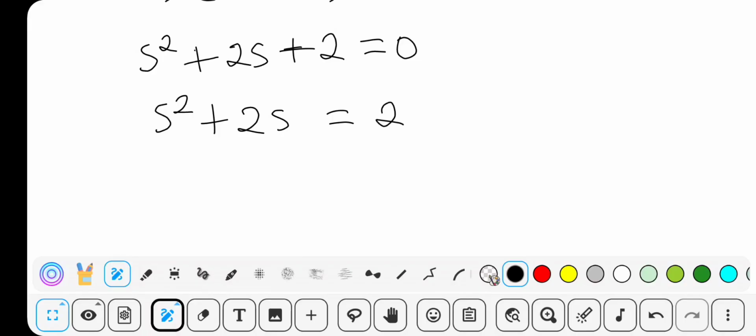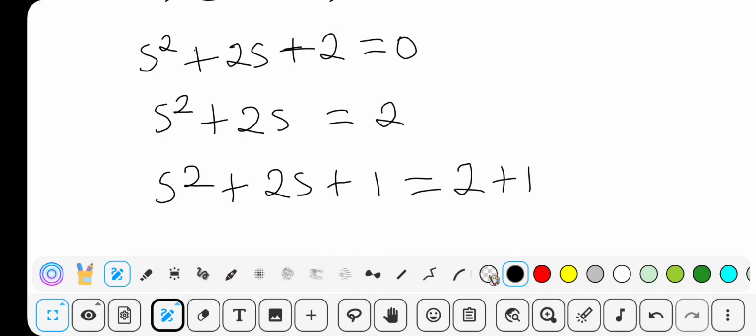The coefficient of s is 2, so half of 2 squared is 1, added to both sides.